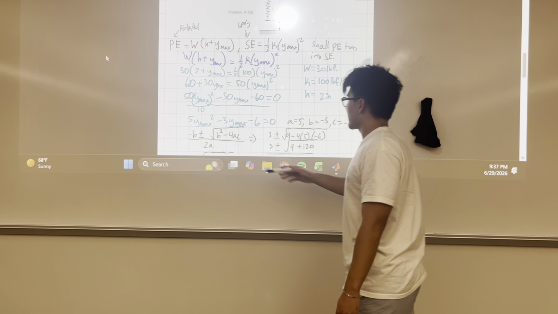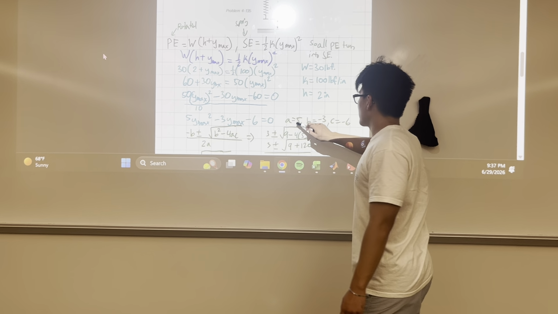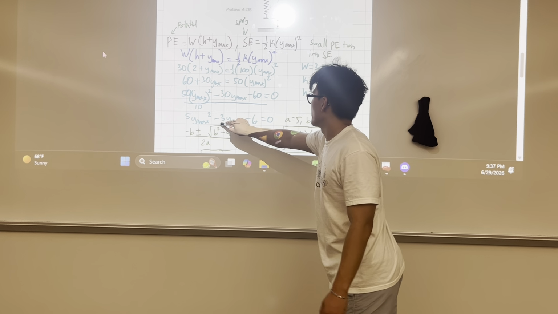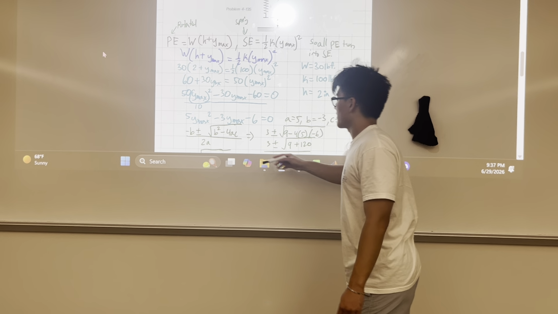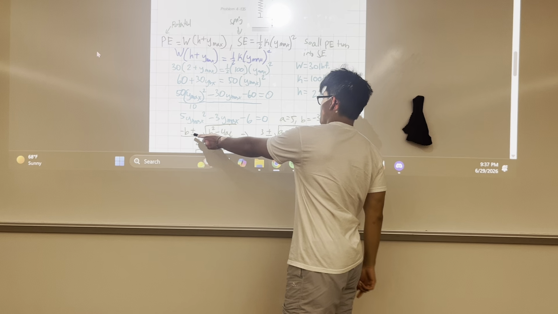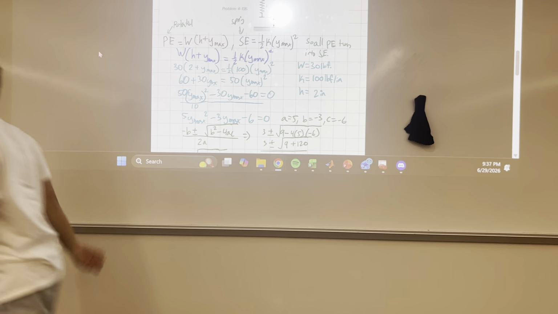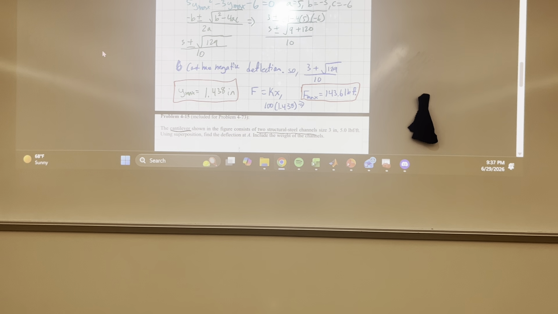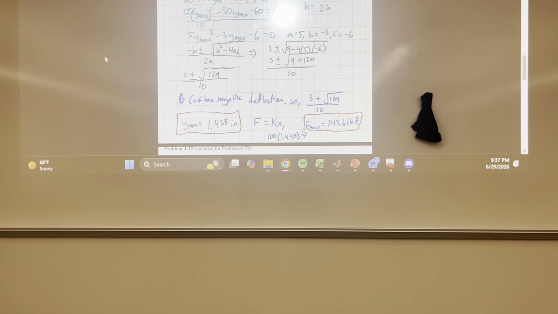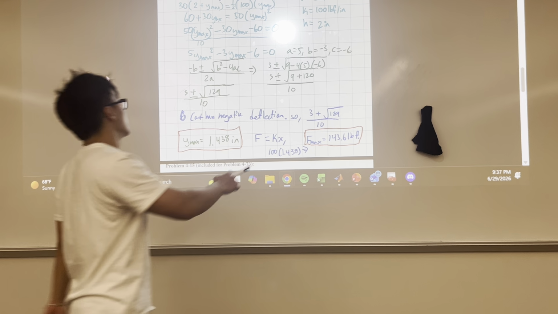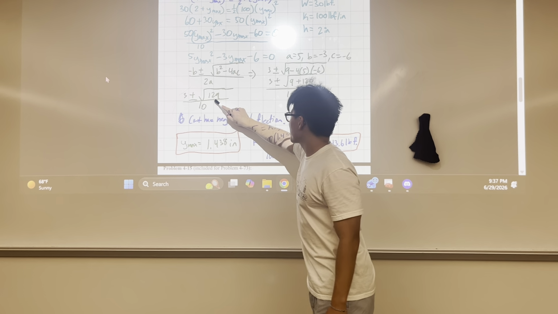So from here we can get a equals 5, b equals -3, the coefficient, and c equals -6, the constant. And then we just use the quadratic equation. Let's plug it in. So after we do the quadratic equation, we get this.